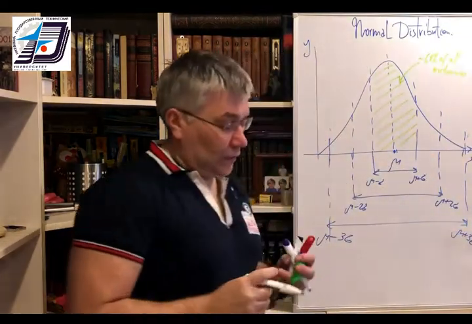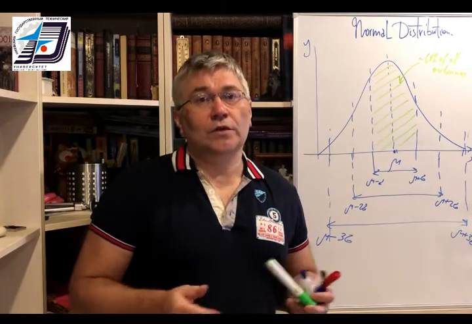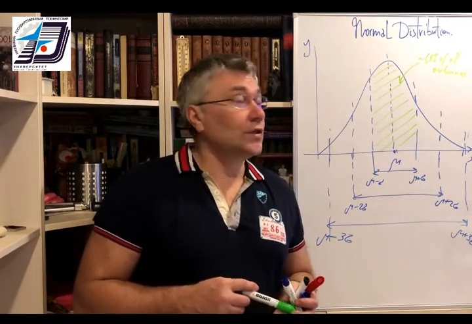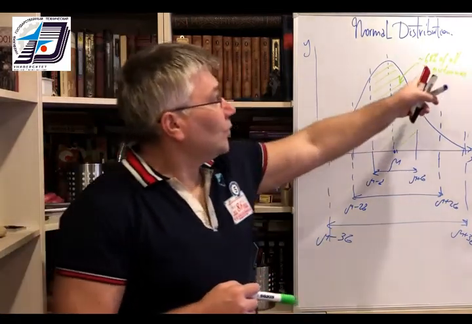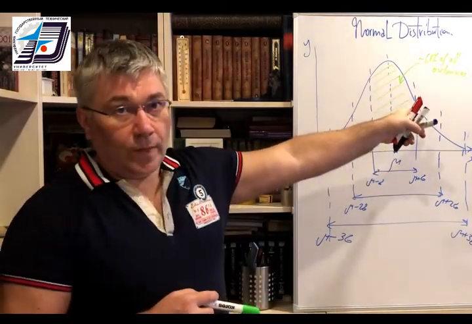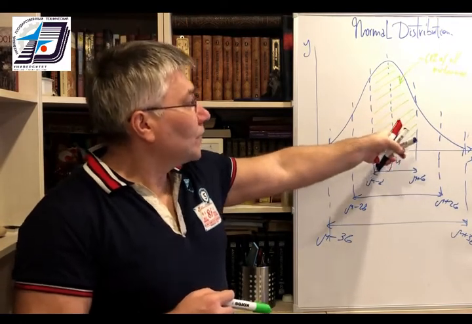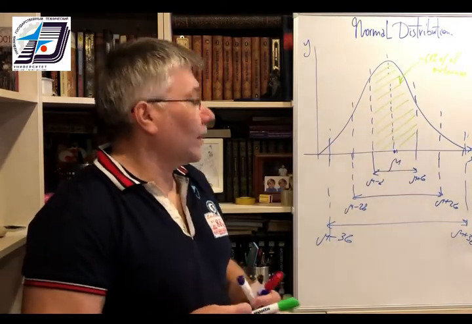During your experiments, for example, if you try to measure the height of students in Izhevsk State University, 68% of all students, with regard to their height, get into this green area.